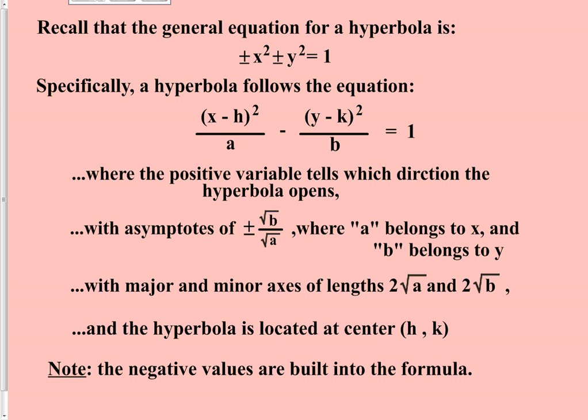The positive variable in this particular case of the hyperbola tells which direction your hyperbola is going to open. Now, a strange number of you said the hyperbola opens left, or the hyperbola opens right, or it opens up, or it opens down. Last time I checked, hyperbolas go two directions at the same time. So if you said it went just left, then you called it a parabola, not a hyperbola, and that's incorrect.